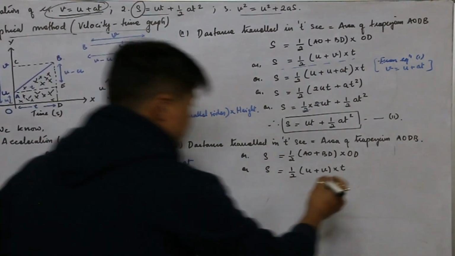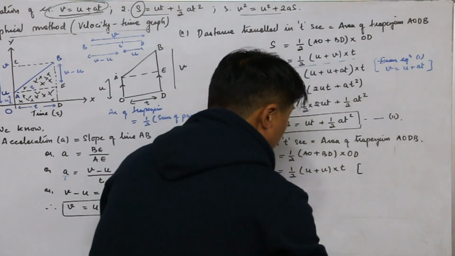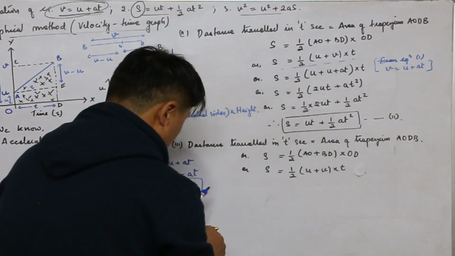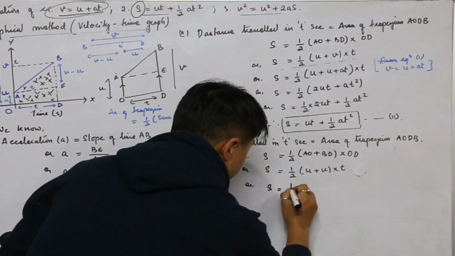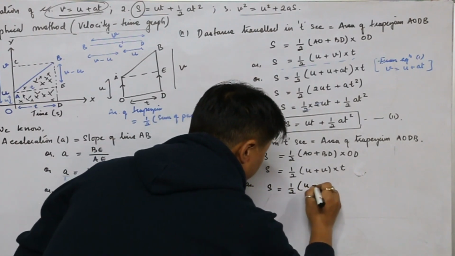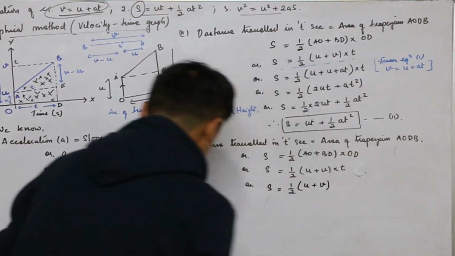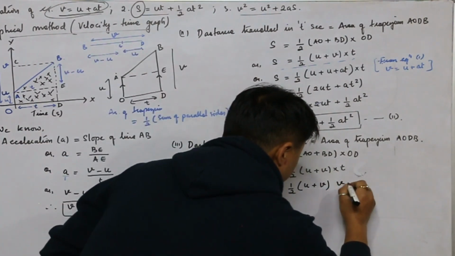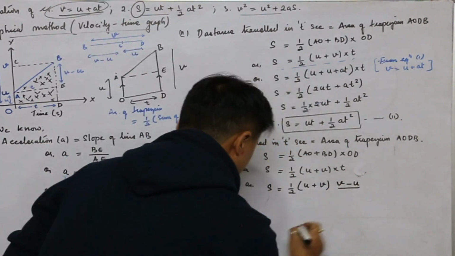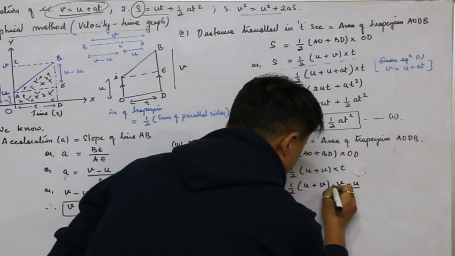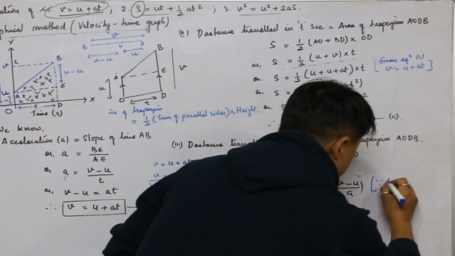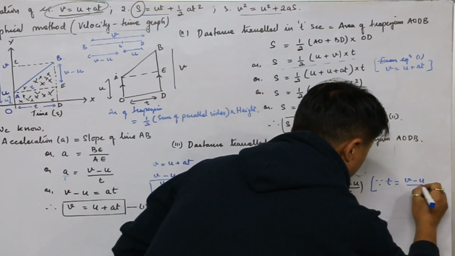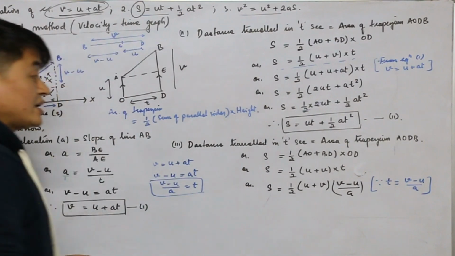So we simply write here S is equal to half into (U plus V) into (V minus U) upon A, since T is equal to (V minus U) upon A. Can you write like this?